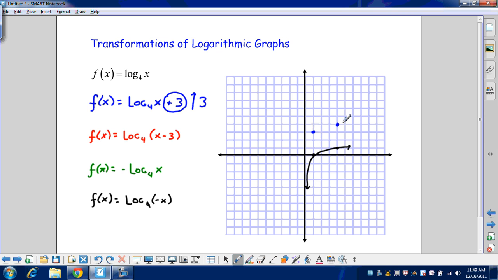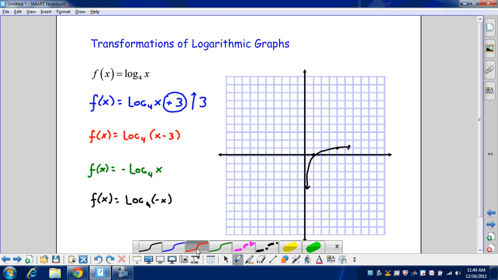So I'm going to take my 2 key points and move them up 3. And my shape will not change. It's the exact same shape. It's like I just picked it up and moved it up 3. That's it. You're done. That is the graph of f of x equals log base 4 of x plus 3.